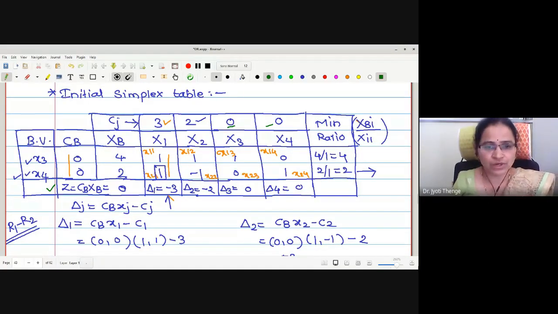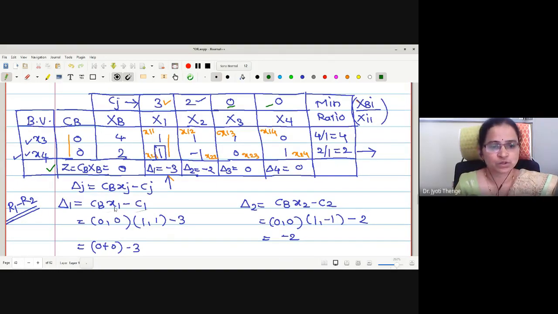Next, we are going to calculate the net evaluations, corresponding to all the 4 variables. For delta 1, we will calculate CBX1 minus C1. What is CB? 0, 0. X1 is the vector 1, 1.